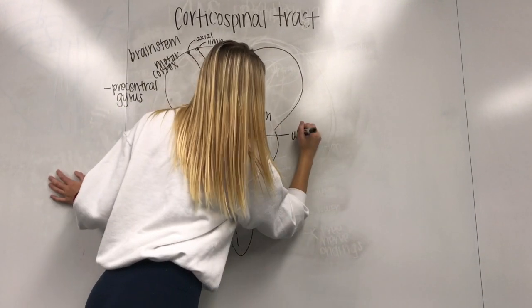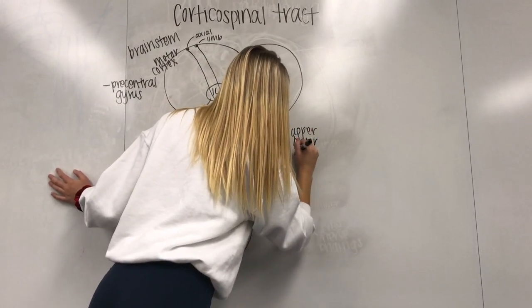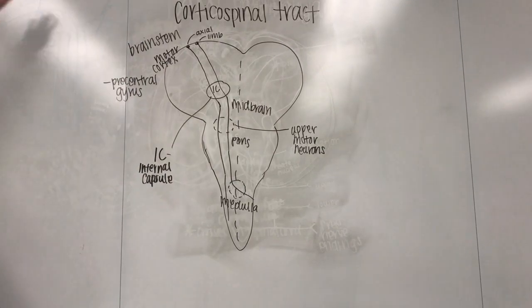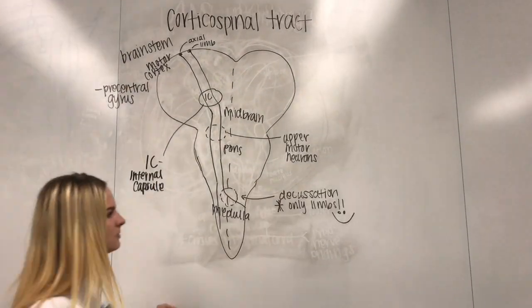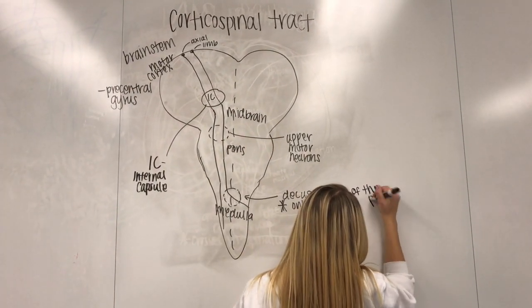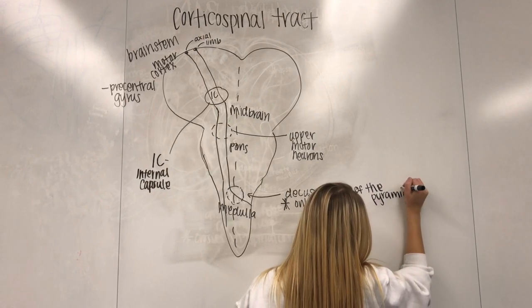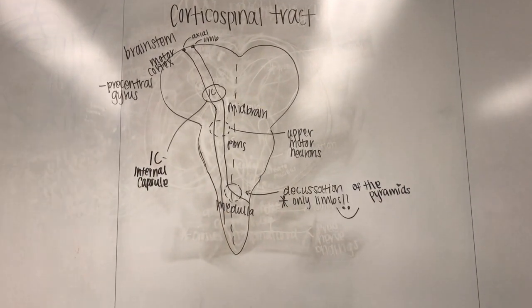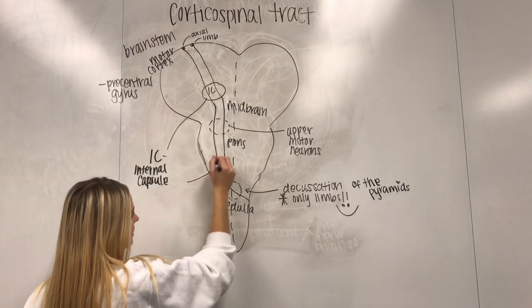Only the limbs decussate in something called the decussation of the pyramids, right on that midline down there near the medulla. So above that are the upper motor neurons, and below that in the spinal cord are the lower motor neurons.